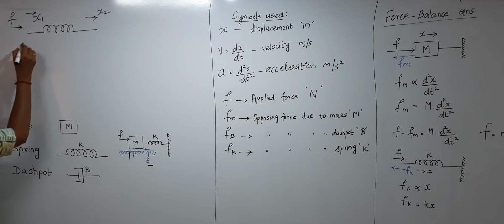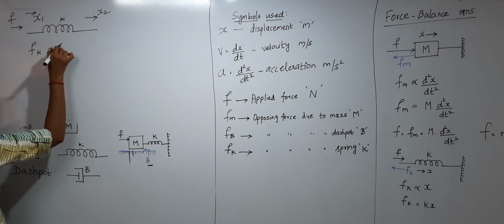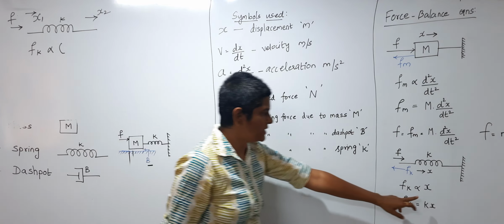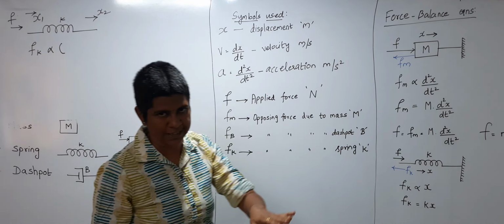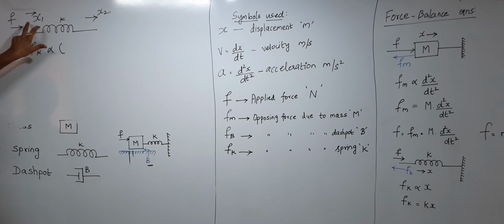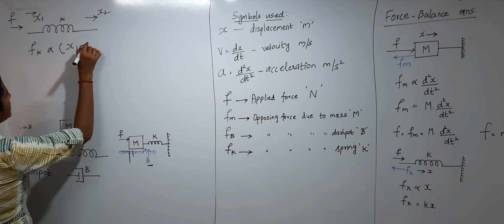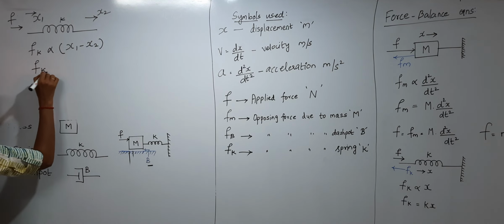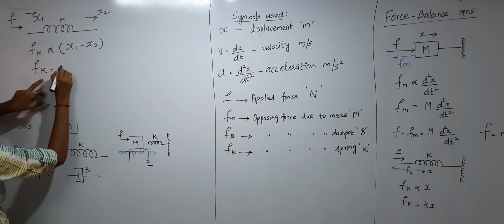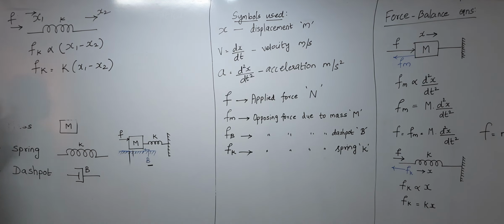Again, Fk is directly proportional to the displacement x when the displacement is only one. Whereas in the case of two displacements x1 and x2, this opposing force is directly proportional to the difference between x1 and x2. So finally we can write Fk is equal to k into x1 minus x2, right?